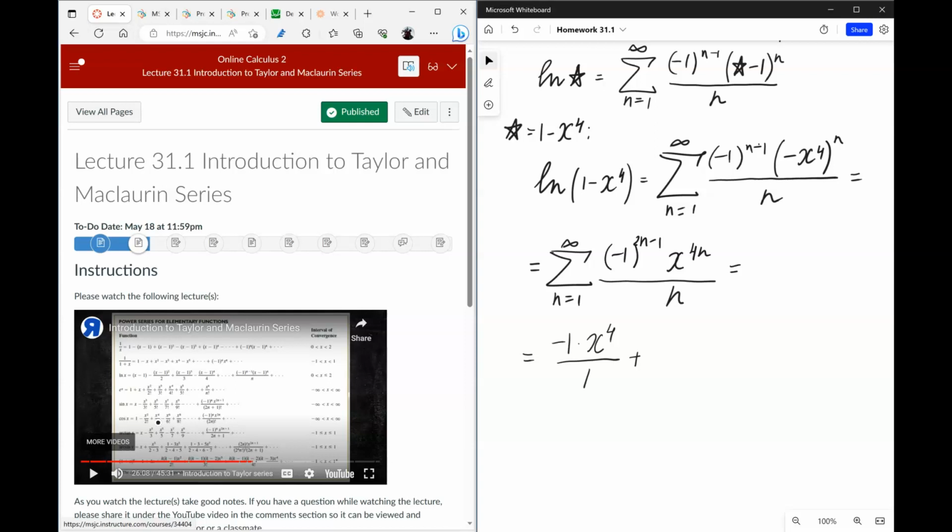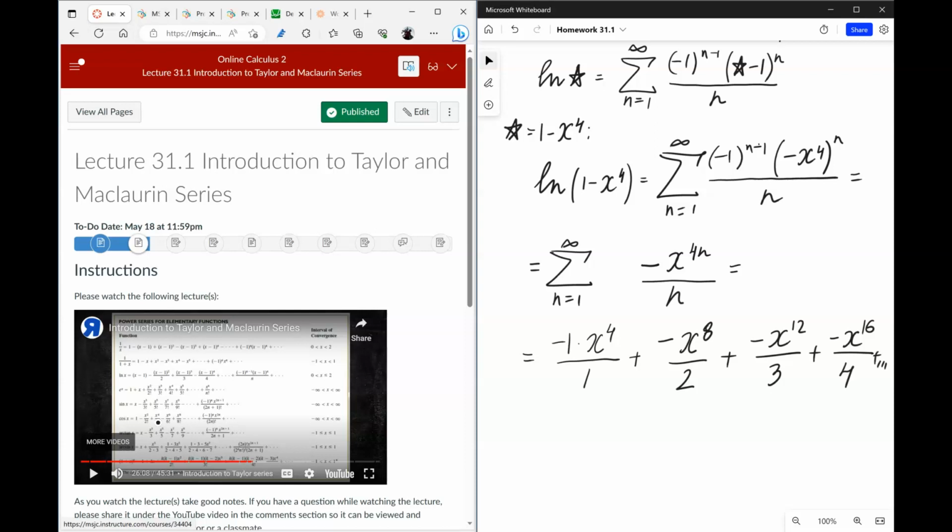Negative 1 raised to an odd power is always going to be negative 1, so we don't need all that. We can just put negative in the front here. So we end up with negative x to the power 8 over 2 plus negative x to the power 12 over 3 plus negative x to the power 16 over 4, and so on.